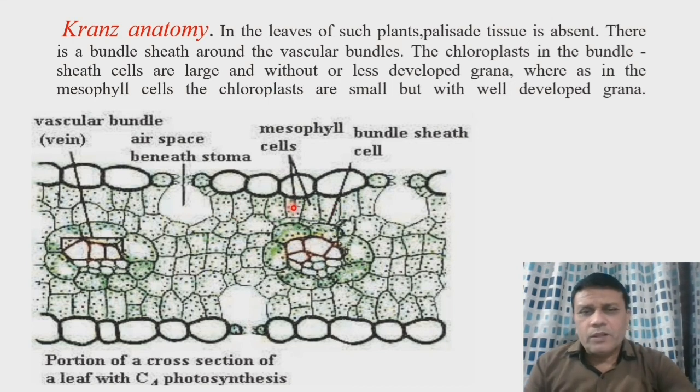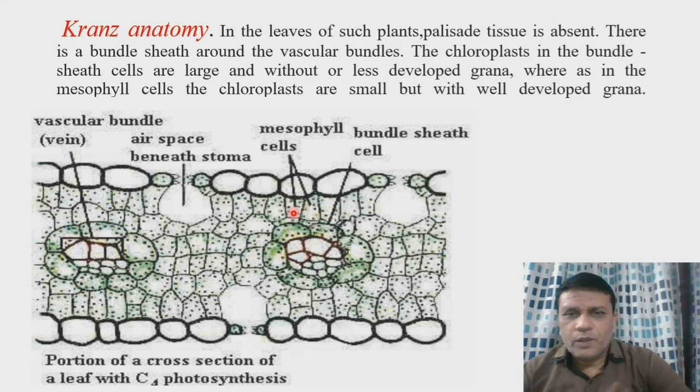Now the mesophyll cells show presence of chloroplast, and the chloroplast of mesophyll cells are small in size, but they show well developed grana. So mesophyll cells show well developed grana.